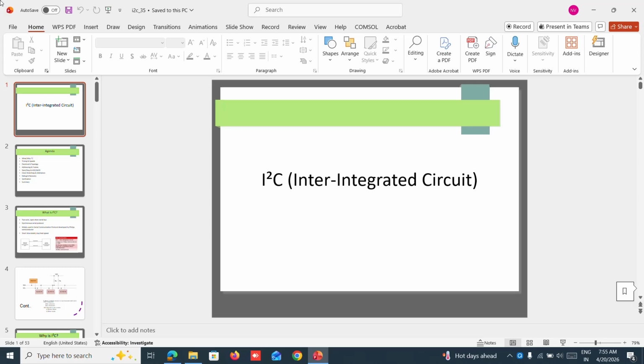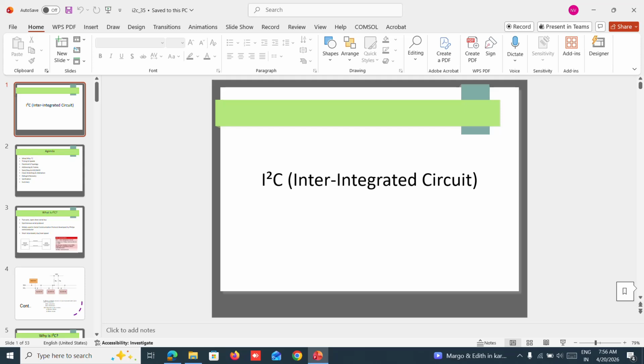Okay, so I2C, inter-integrated circuit, is a protocol. What is meant by a protocol? If two devices are there, each device has its own features and its own signals, and the other device also has its own features and signals. If I want to communicate between these two devices, we need a protocol, because this protocol communicates with this device and according to the other device also.